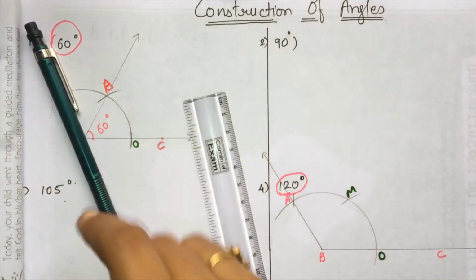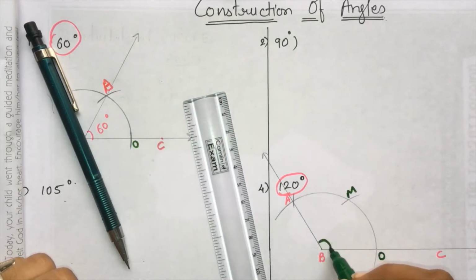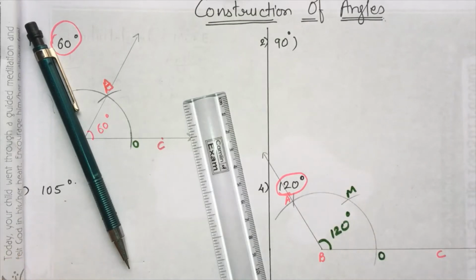So this angle ABC, or angle B, is 120 degree. So this is the second construction of 120 degree.